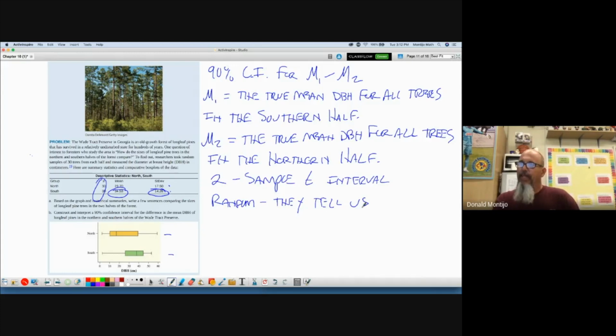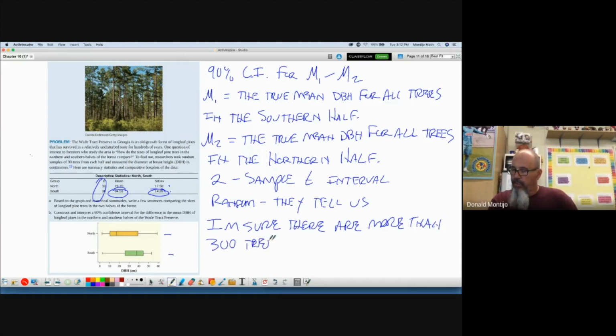Is it independent? Is the population at least 10 times the size of the sample? Yeah. I'm sure there are more than 300 trees in each section of the forest.